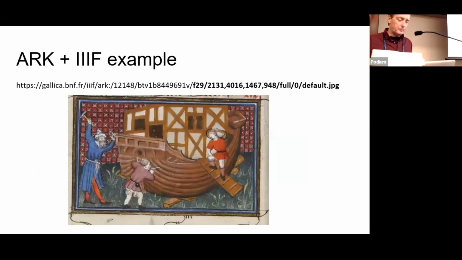So here's an example of an IIIF compliant URL and ARK. It requests the return from page 29, that's F29, of a specific rectangular region. The coordinates are given here, and a specific format, and the full version as opposed to the light version.